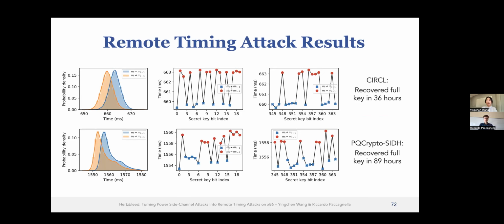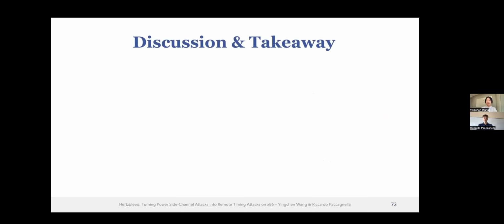The reason is that the domino effects on zero actually propagate beyond the three-point ladder function into other parts of the algorithm. Such a faulty behavior on SIKE is actually acceptable by its own threat model. However, due to Hertzbleed, it can be mounted as a remote timing attack.